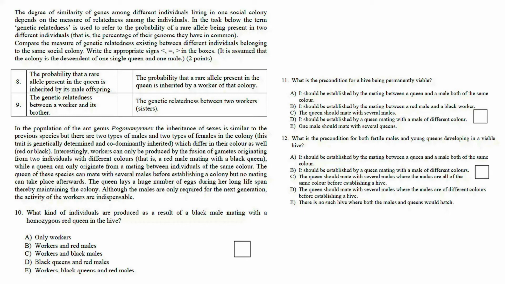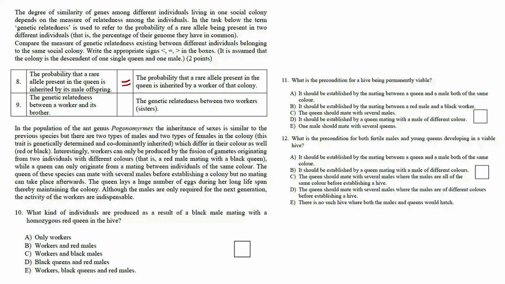So, the probability that a rare allele present in the queen is inherited by its male offspring, or the probability that a rare allele present in the queen is inherited by a worker of that colony. So the chances are equal to pass on that rare allele to a worker or to a male offspring. Therefore, I need to write in here an equal sign. The genetic relatedness between a worker and its brother, or the genetic relatedness between two workers.